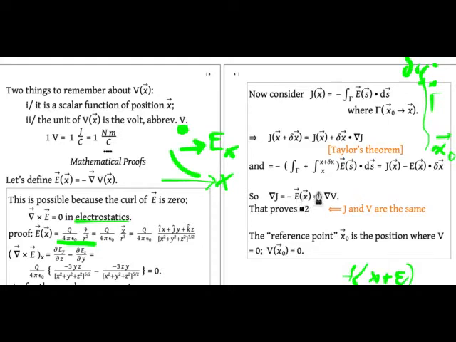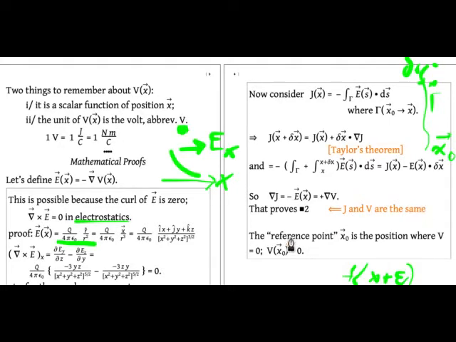So minus E is gradient v. So the gradient of j is the same as the gradient of v. And that proves that j and v are the same. Not exactly. It proves they're the same up to an additive constant. Because if I added a constant, the gradient of a constant would be 0. So that proves that j and v are the same, except for possibly an additive constant.